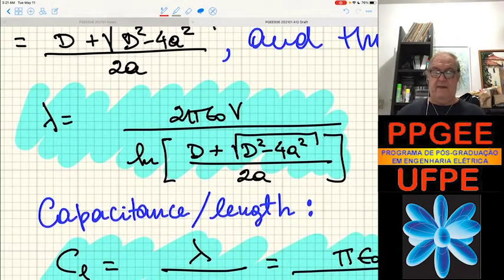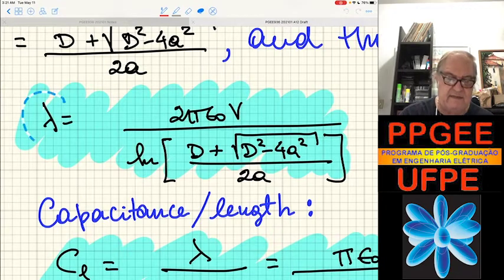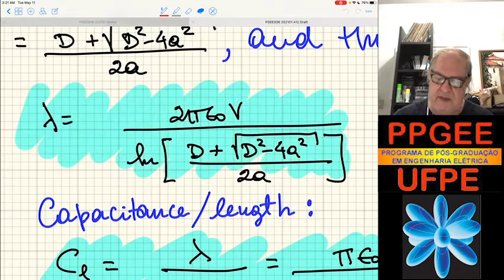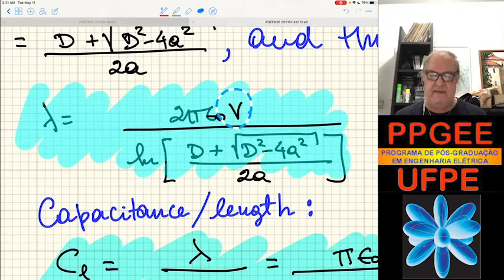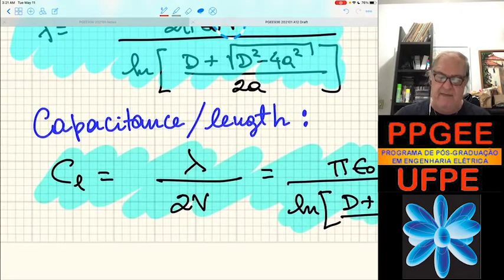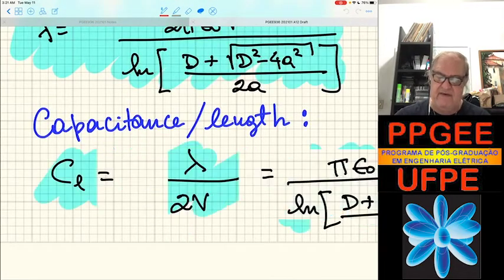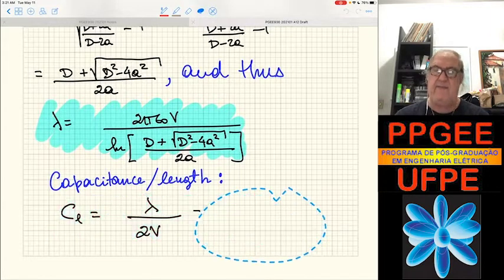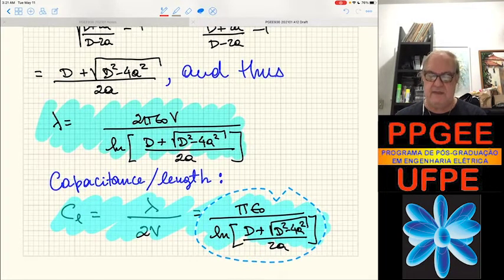So the capacitance per unit length is the linear charge density, which is the same charge density as in the corresponding cylinder, divided by the potential difference, which is 2 times V. So lambda divided by 2V gives the capacitance per unit length of this pair of conducting cylinders.